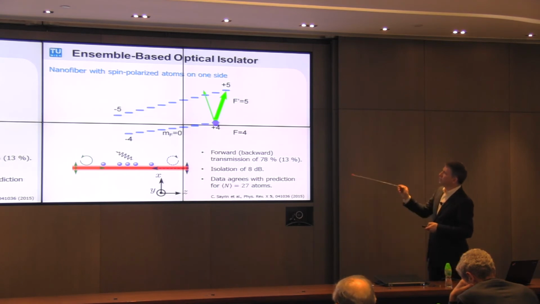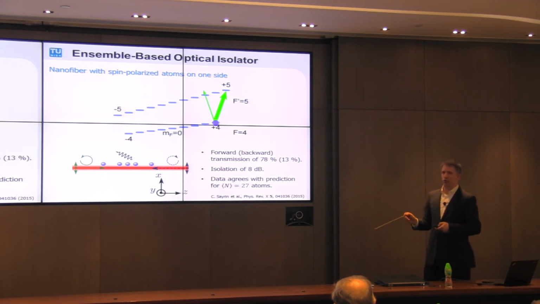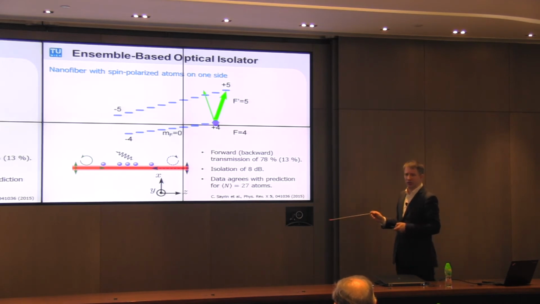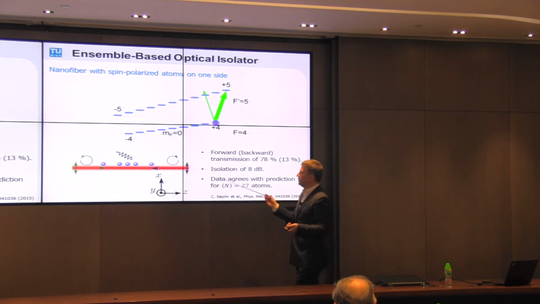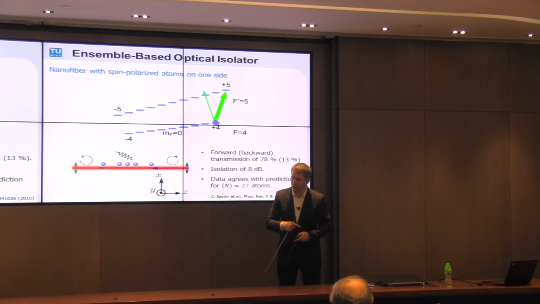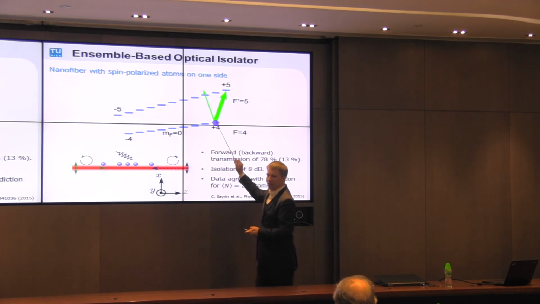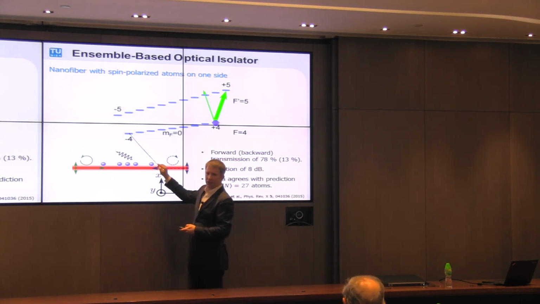Now, another comment here: while this optical isolator is based on a quantum optical effect, it is still a classical component. Because if you wanted to prepare this diode in a quantum superposition of passing light from the left and passing light from the right, you would have to prepare all 27 atoms in this state, quantum superposed with all 27 atoms in this state.